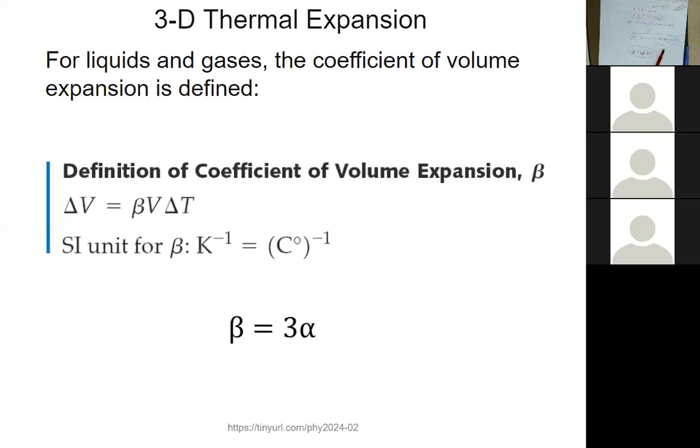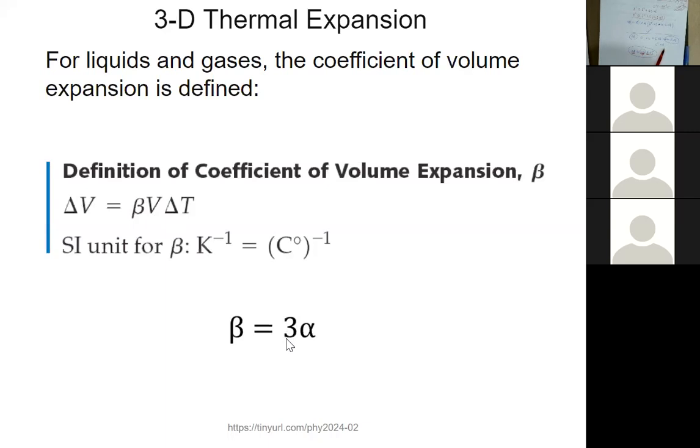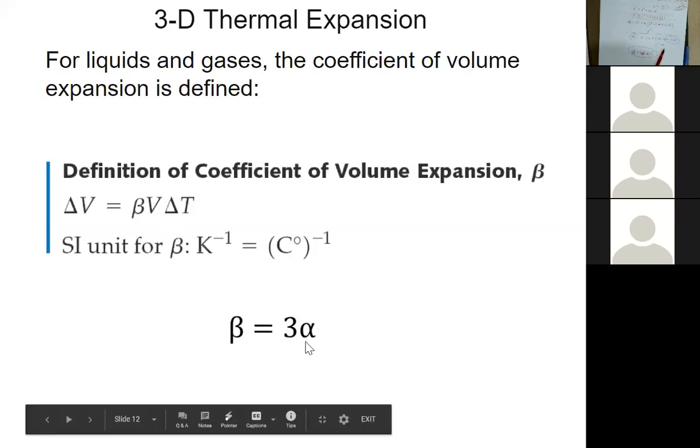But you can keep just the first order approximation, the terms that have delta L, and ignore the higher orders, the delta L squared or delta L cubed. So at the end, you again arrive at the conclusion that the change in volume is equal to a coefficient times the original volume times the change in temperature, where this beta, because it's three-dimensional, is equal to 3 times the one-dimensional coefficient. So beta equals 3 alpha.